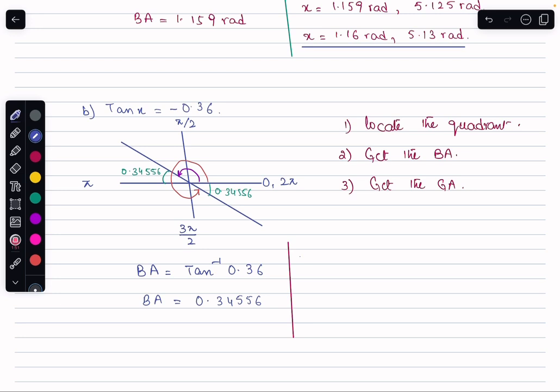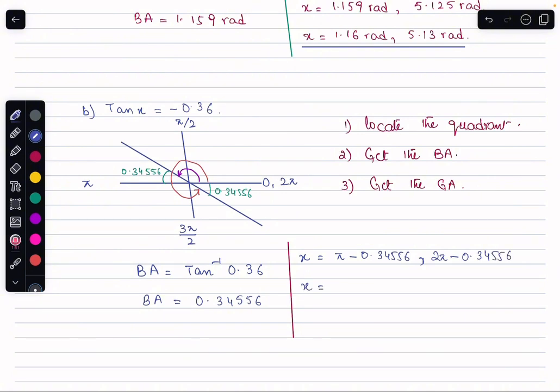This means that the general angle values should be equal to pi minus 0.34556, and also 2 pi minus 0.34556.